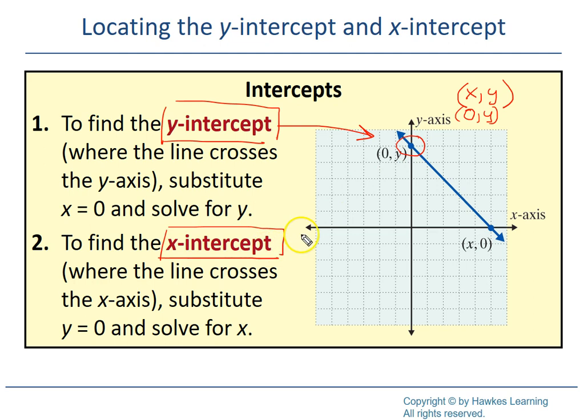And the x-intercept is the same. It's going to be an x comma y, and when y is a 0 here, whatever is in the x position is going to be your x-intercept.